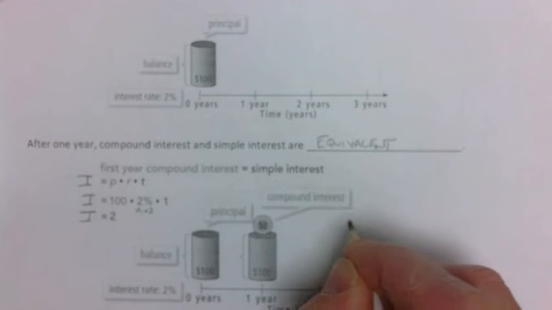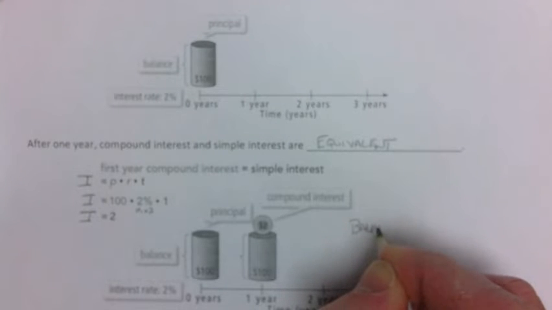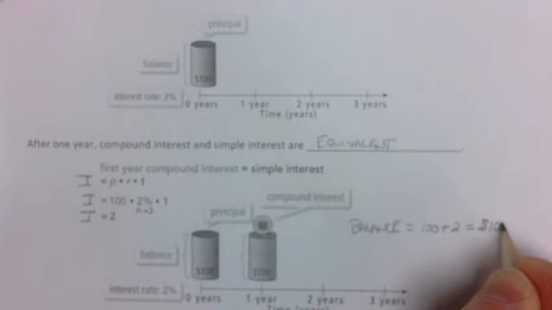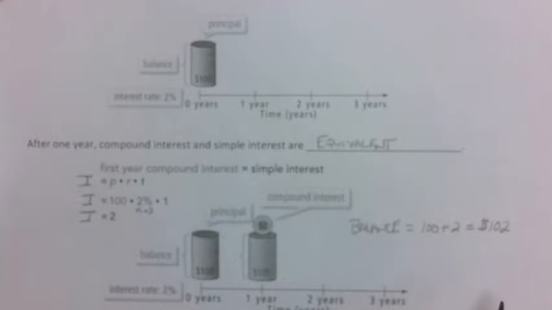The balance after the first year equals my starting balance of $100 plus the $2 I've earned in interest, making my account balance after 1 year $102. I started with $100, and I'm up to $102 now because I've earned $2 in interest.